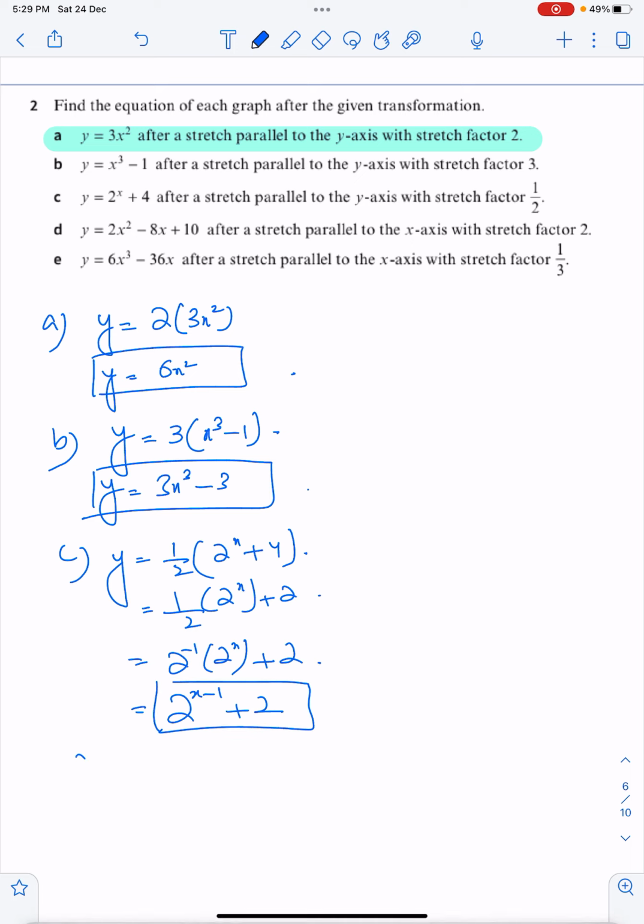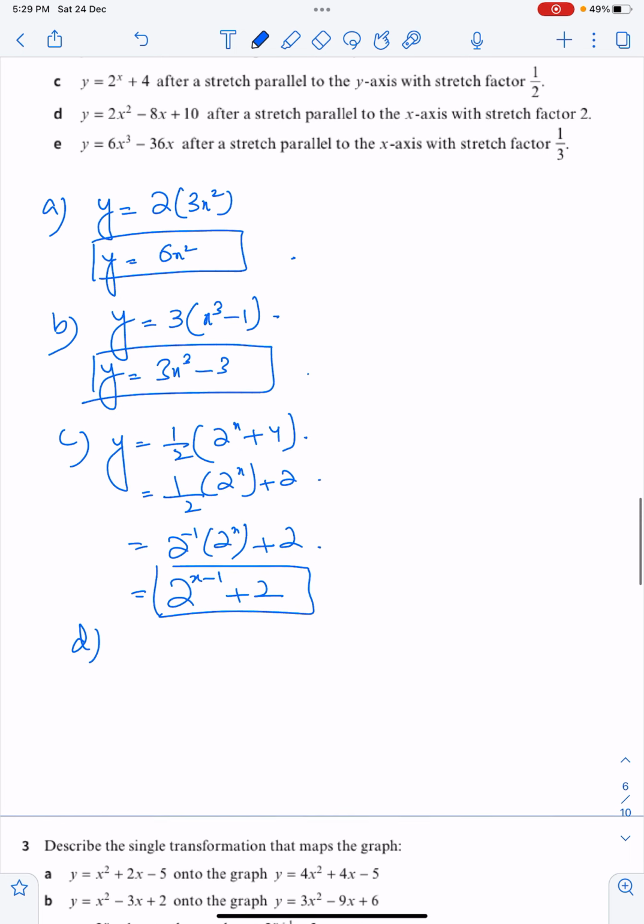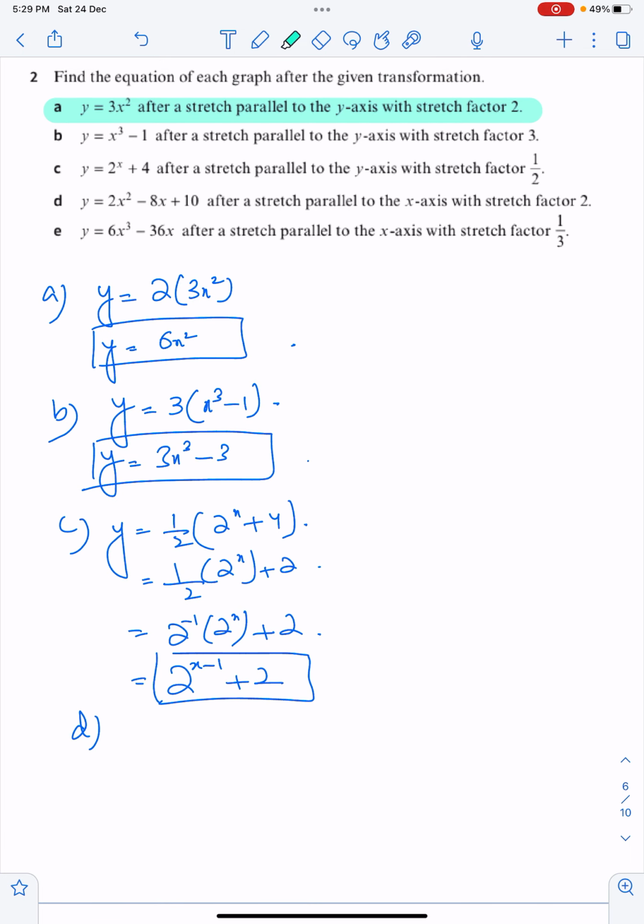Okay, the D part. It says y equals to this after a stretch parallel to the x-axis with stretch factor 2. Stretch parallel to the x-axis meaning the horizontal stretch, and stretch factor is 2. So in place of every x you have to plug in 1 upon 2 of x. I am writing down the equation first of all.